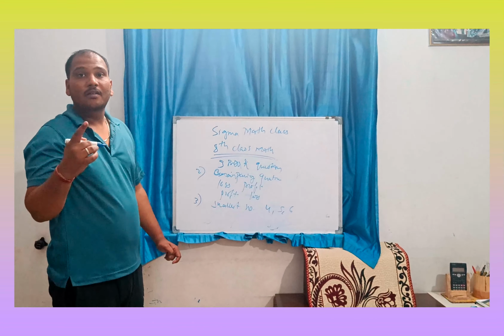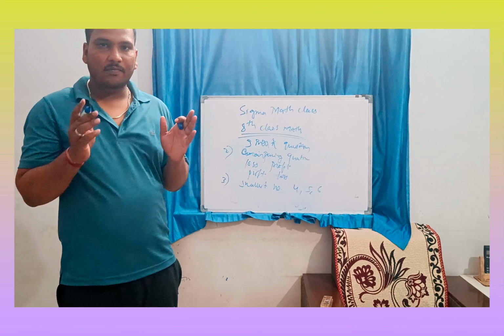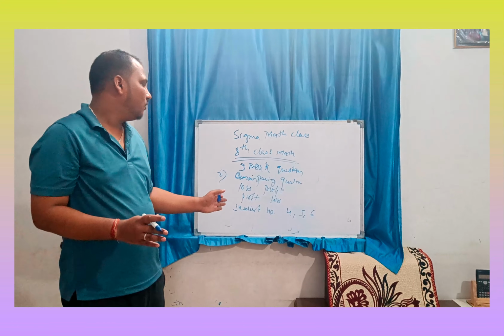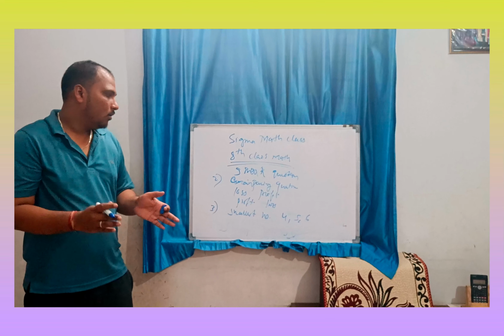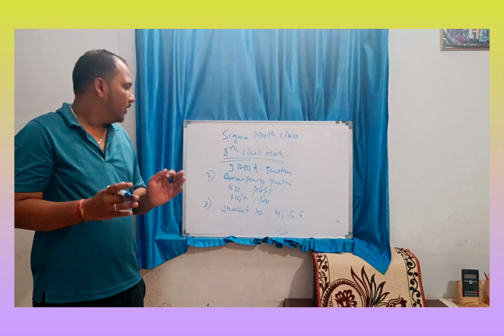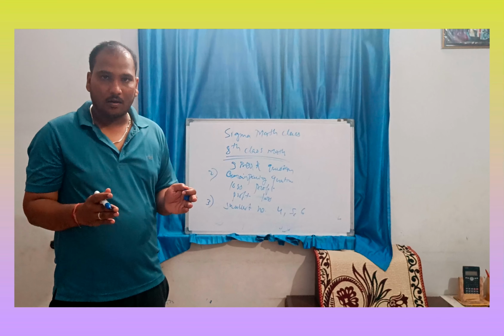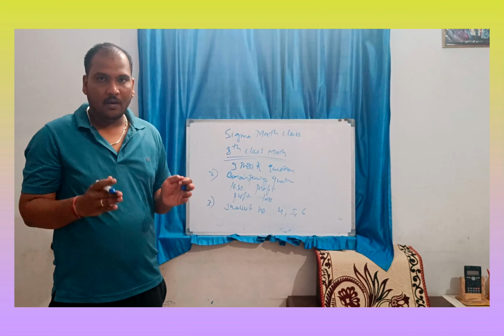These 3 questions should be asked. One: construction of a quadrilateral in practical geometry. Second: comparing quantities, loss or profit percentage. Next: the smallest number, where 3 numbers are given, which is a perfect square or cube.